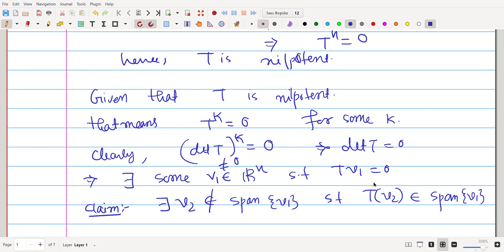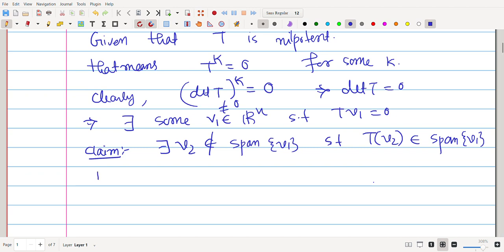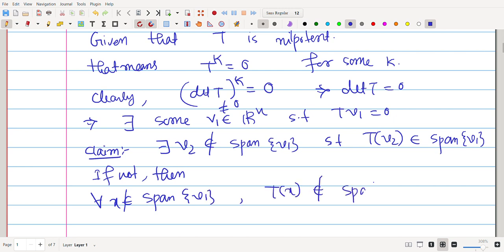This is a claim. If not, then for all x not in span of V1, Tx doesn't belong to span of V1.